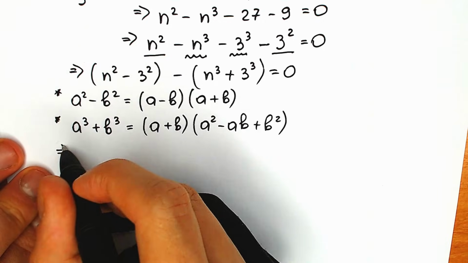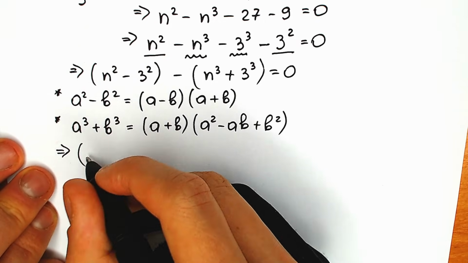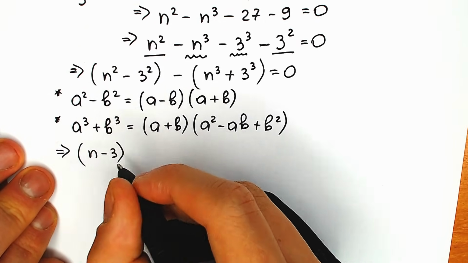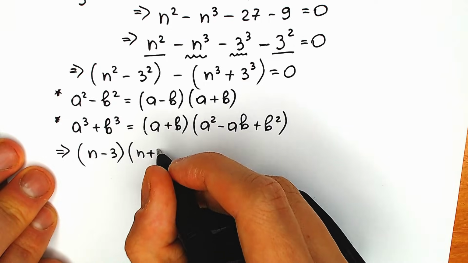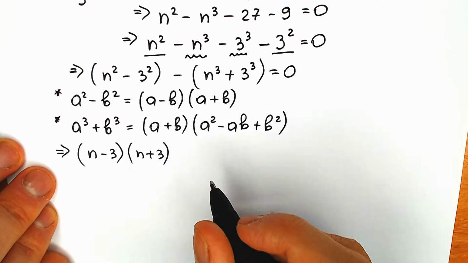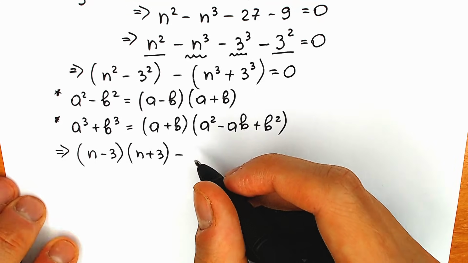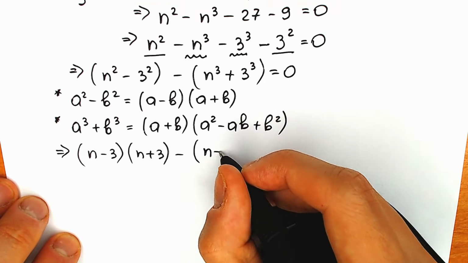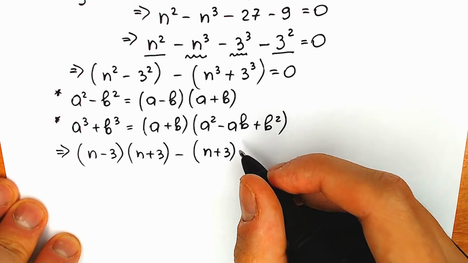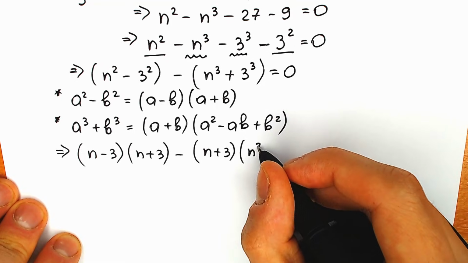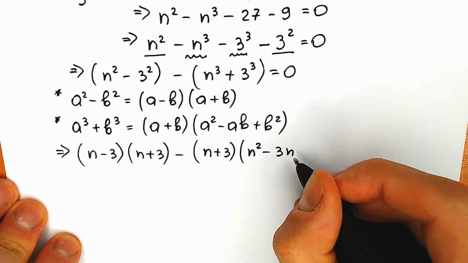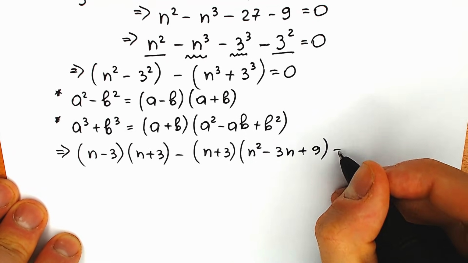So let's do this. First of all, n minus 3 times n plus 3, difference of squares. Right here, what do we have? Sum of two cubes: minus, we have n plus 3, and another parenthesis, n square minus 3n and plus 9, equal to 0.